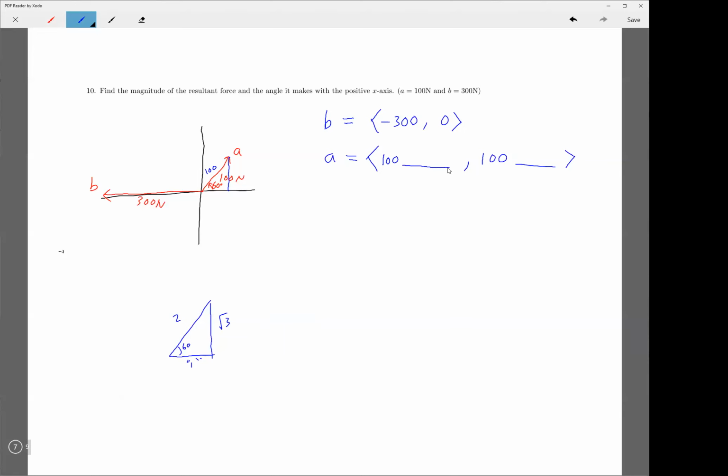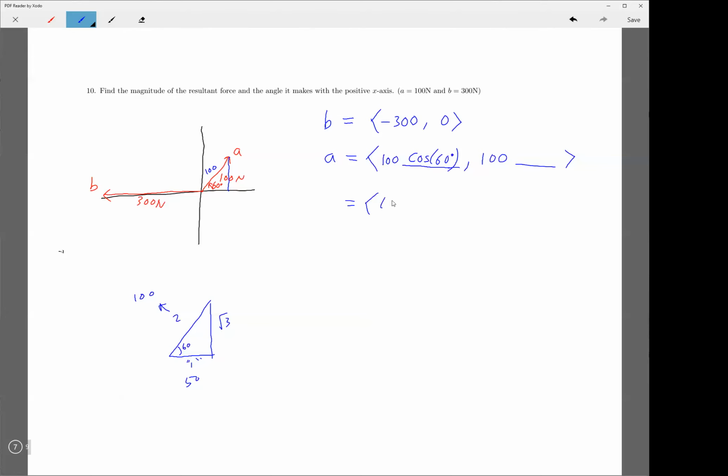What'd you say? Did you say cosine? Oh, sorry, I was just looking at the special triangle. If this is 100 instead of 2, then this would be 50. Okay, so for the x component we multiply by the cosine of 60 degrees, which is 1/2.